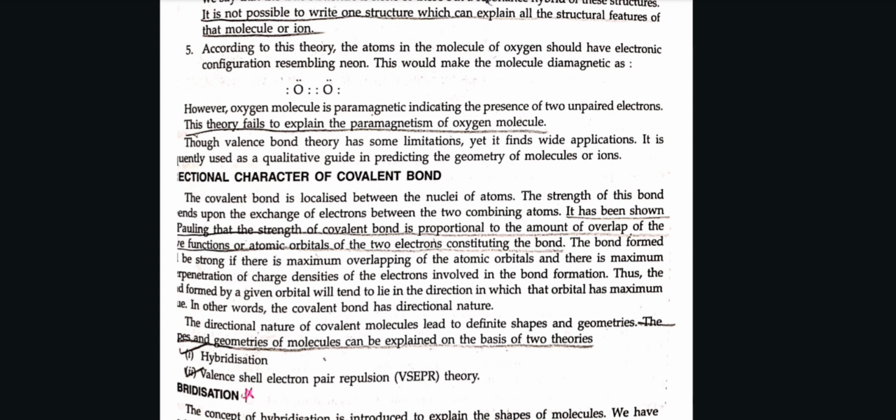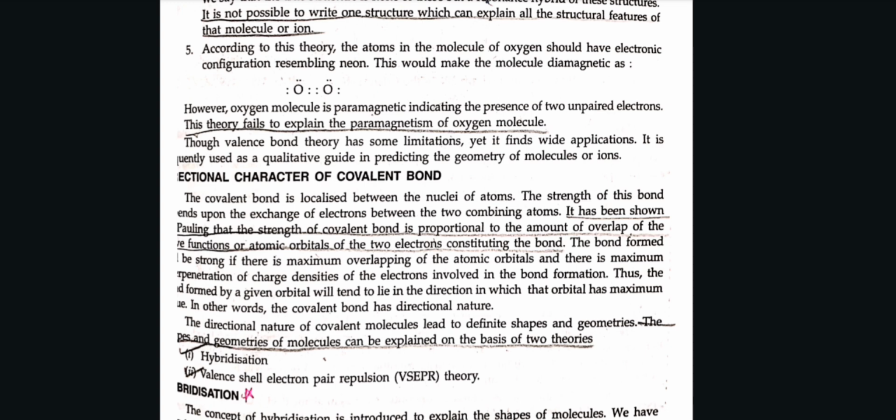According to this theory, the atoms in the molecule of oxygen should have electronic configuration resembling neon. This would make the molecule diamagnetic. However, the oxygen molecule is paramagnetic, indicating the presence of two unpaired electrons. This theory failed to explain the paramagnetism of oxygen molecule.